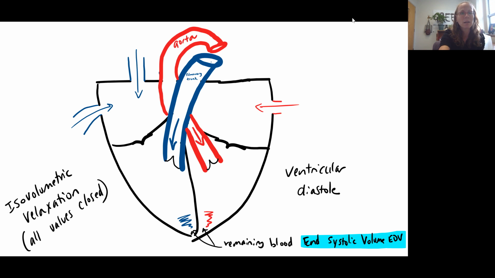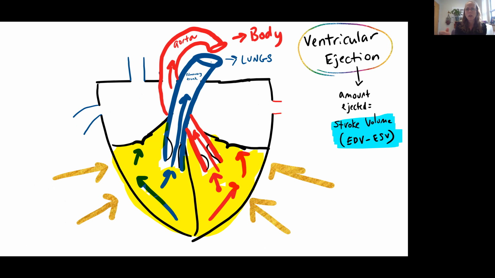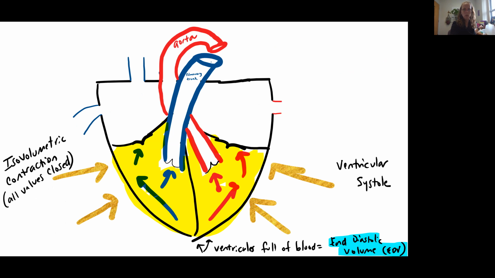So going back to looking at our stroke volume calculation, it is the EDV minus the ESV. So how can we measure how much blood actually left the heart? We can take a picture of the heart during isovolumetric contraction, and we can see how much blood is actually inside the ventricle.